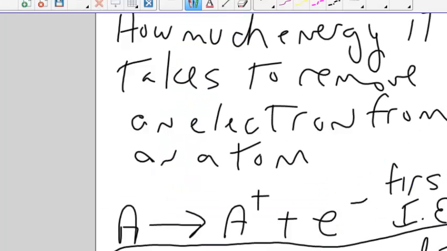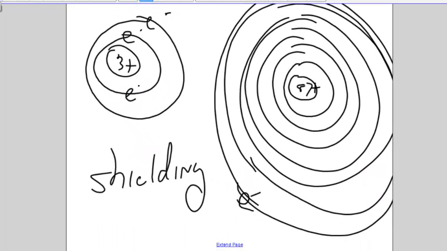Well, again, it goes back to radius. If you think about these two with a huge difference in their radii, this electron is being held much more loosely than this electron because, again, of that shielding I was talking about. So even though this positive is so strong, this guy out here really doesn't feel it because there are all these electrons in between here and here.